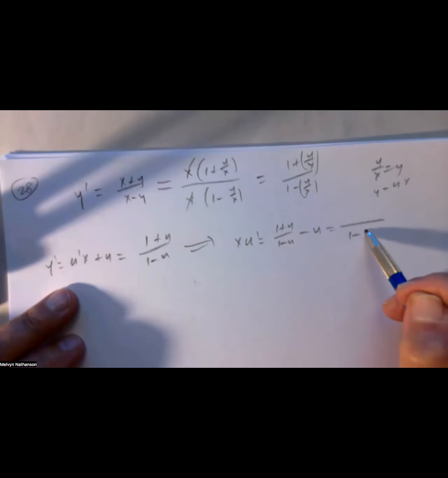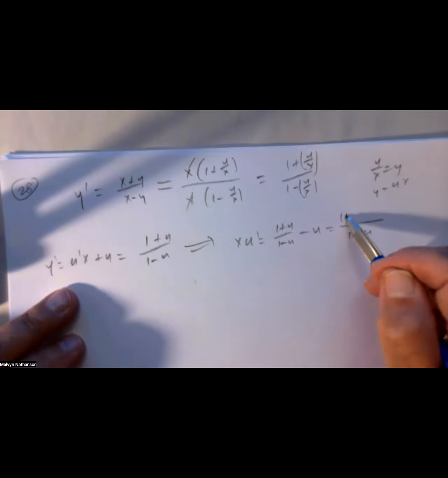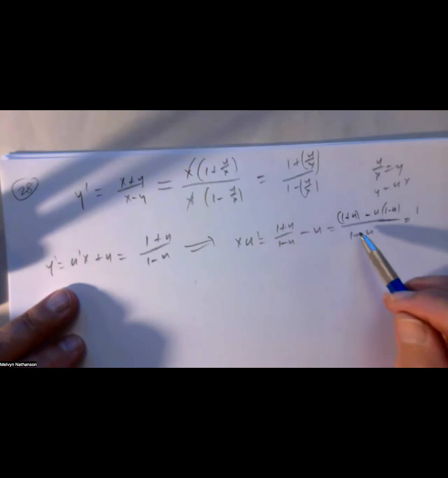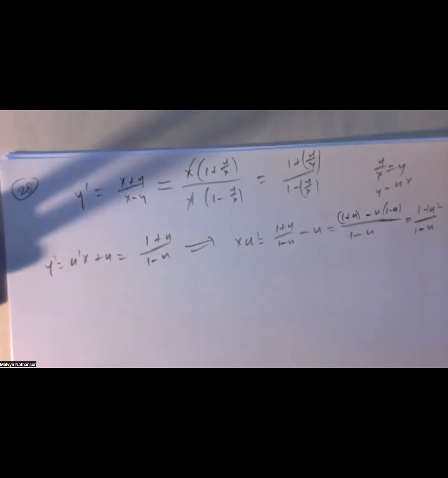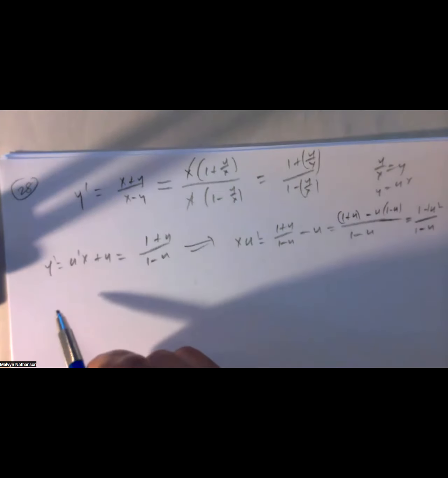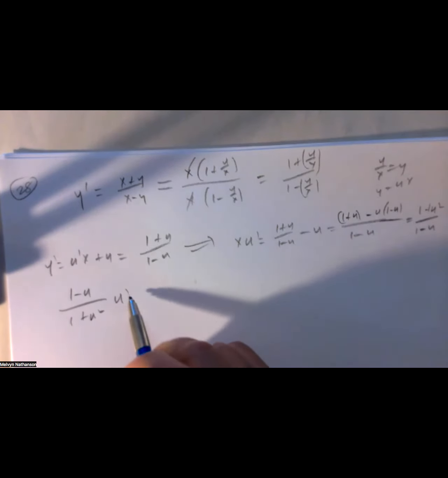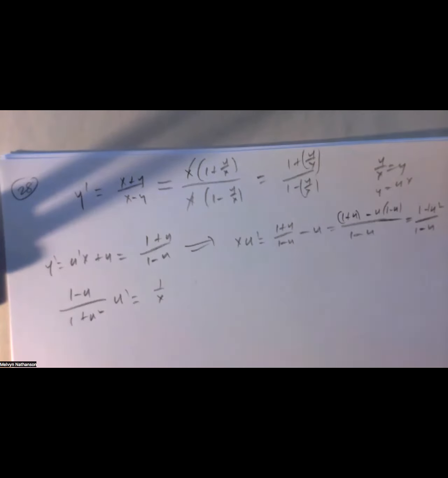Put this over a common denominator of 1 minus u: I get 1 plus u minus u times 1 minus u, which is 1 plus u minus u plus u squared over 1 minus u. So if I bring the u's over to the left and the x's to the right, I get 1 minus u over 1 plus u squared, u prime, equals 1 over x.